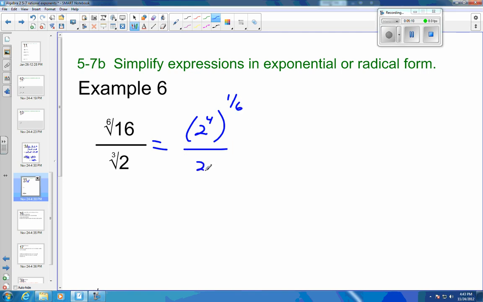And then this is 2 to the 1/3 power. So this becomes 2 to the 4/6 power over 2 to the 1/3 power. 2/6 can be reduced, so this is 2 to the 1/3 power over 2 to the 1/3 power.